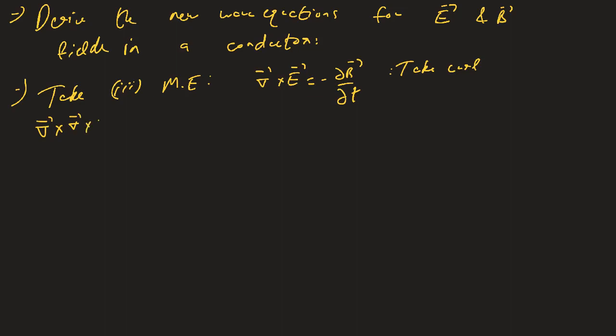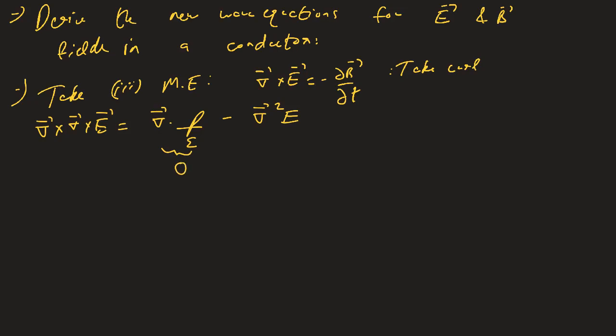del cross del cross E becomes equal to the gradient of the divergence, del of rho over epsilon, minus del squared E. Okay, but we've already seen that this factor is 0.